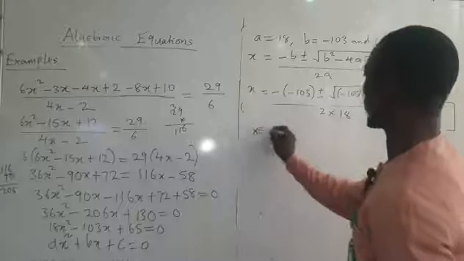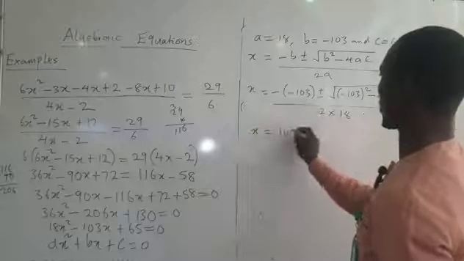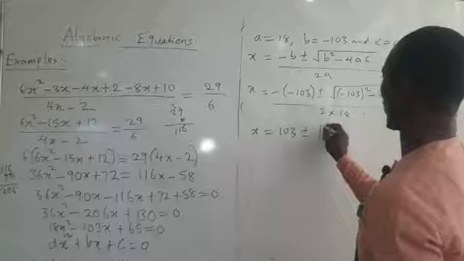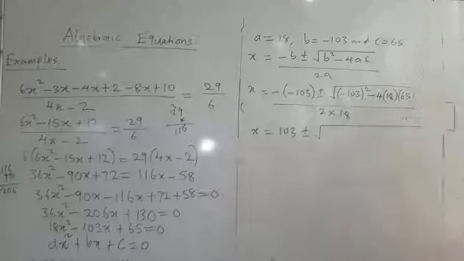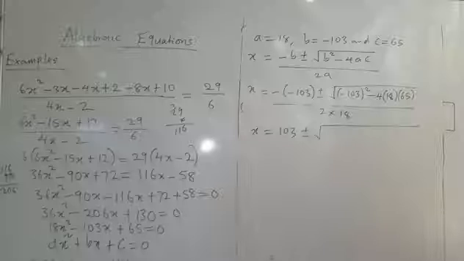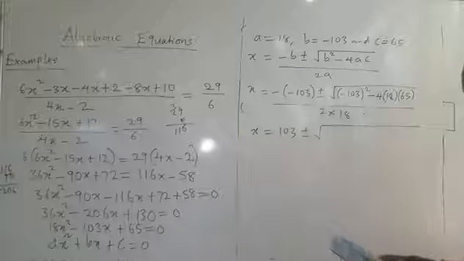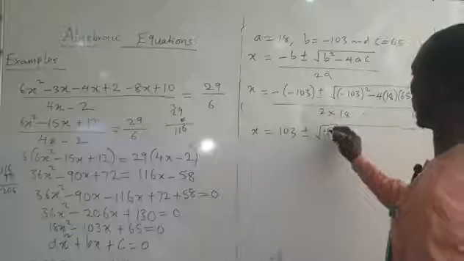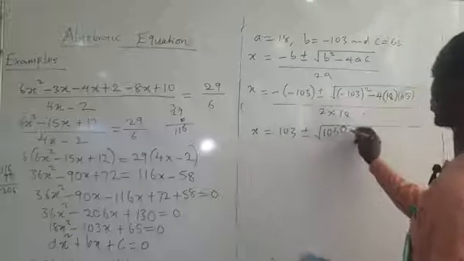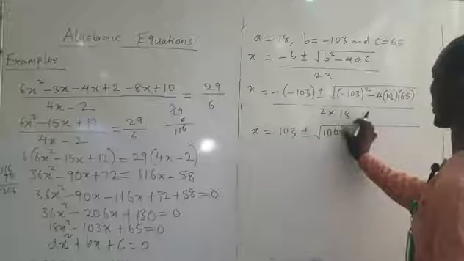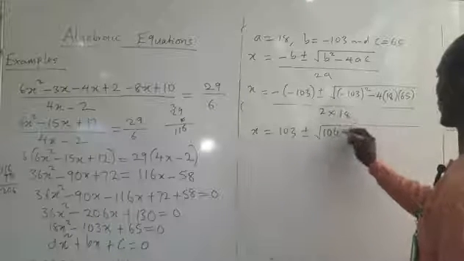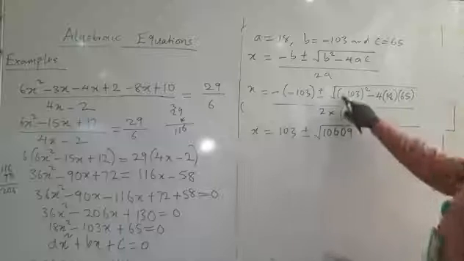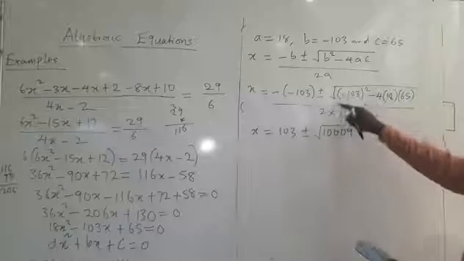So x equals 103 plus or minus square root of 103 squared. So 103 squared is 10609, because the square of minus is plus.